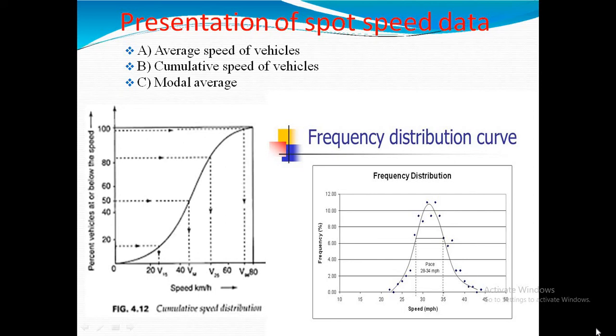From this graph the 85th percentile speed is found out, which gives the speed at or below which 85% of vehicles travel. Here the vehicles passing the point on the highway that exceed this speed are only 15%.